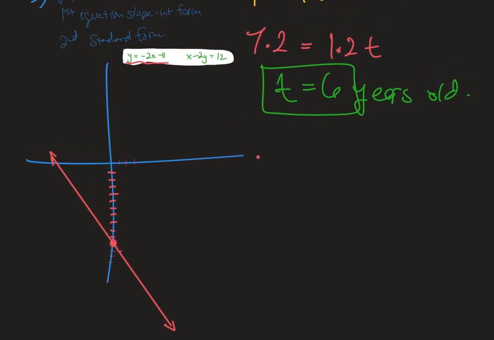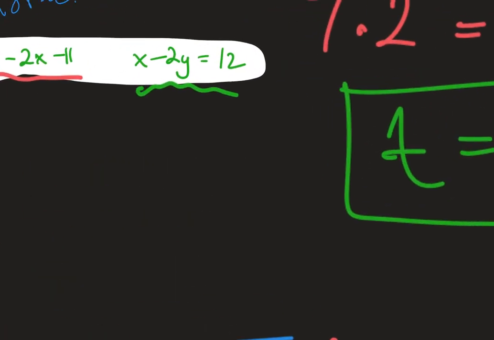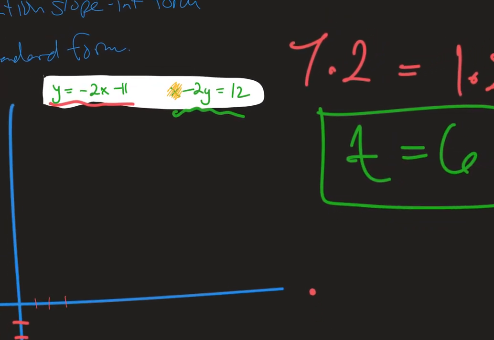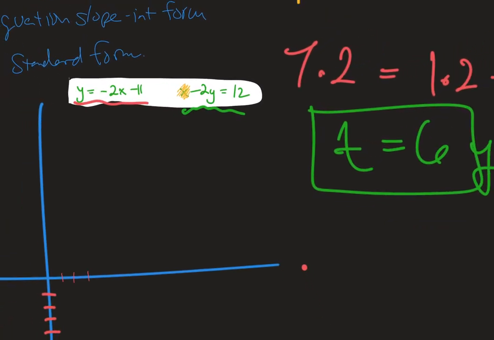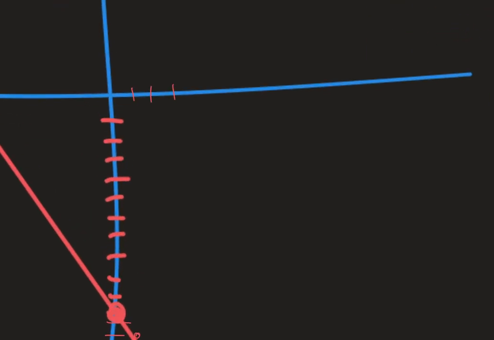And then the other one, let's make it green. Since it's in standard form, I'm going to find the y-intercept by getting rid of the x. So divide by -2, and the y-intercept is -6. So 1, 2, 3, 4, 5, 6. Right there.